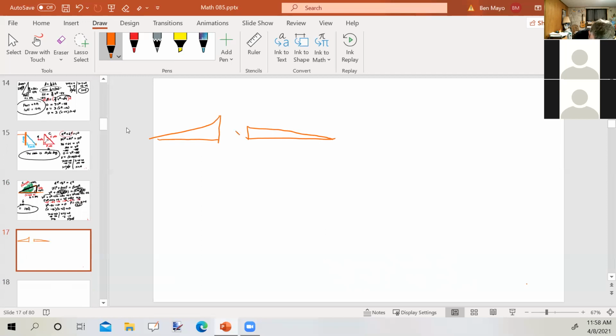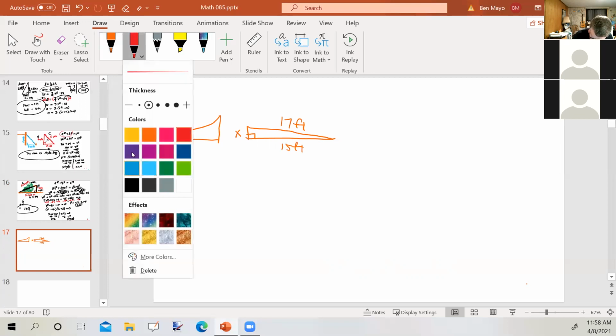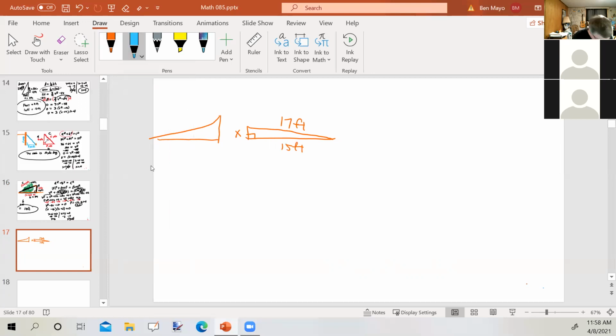And we're told that this is x. This is 17 feet. This is 15 feet. There's your right angle. And then we've got this skateboarder. I'm going to do a very terrible job of drawing a skateboarder. So we'll just pretend that that's the skateboarder. I know, it's pretty sad.